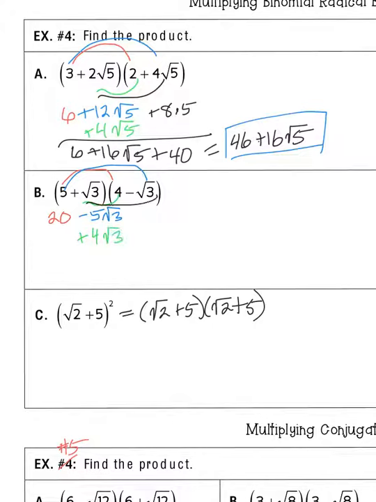And positive radical 3 times negative radical 3 is a negative 3. So you get 20. A negative 5 and a 4 is negative 1 radical 3, and then minus 3 equals, you can still add the 20 and the minus 3, so you get 17 minus the square root of 3.